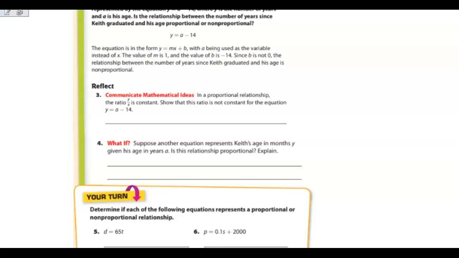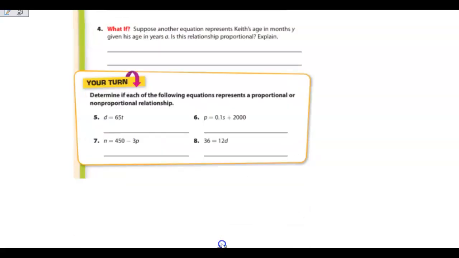Okay, let's look at the your turn down below. Determine if each of the following equations represents a proportional or non-proportional relationship. If I have d equals 65t, if I were to think of it in the equation of y equals mx plus b, where d is in place of y and t is in place of x, I have a slope of 65, but I do not have a b.